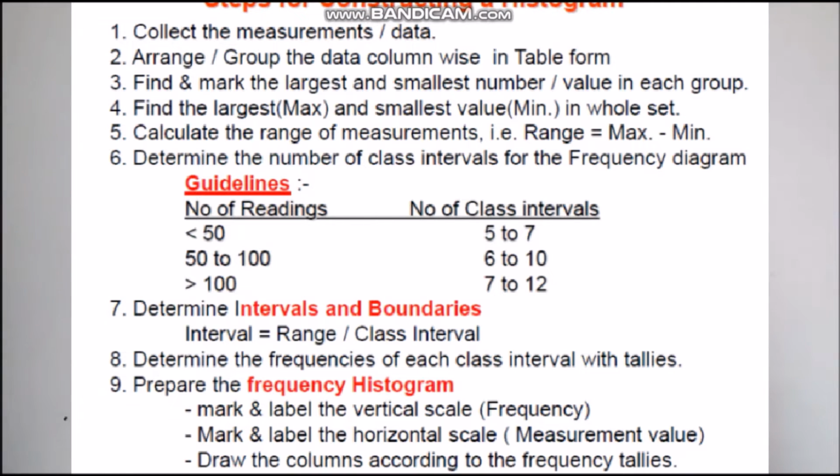Then, third, you need to find and mark the largest and the smallest value in each group of the data. Fourth, find the largest maximum and the smallest minimum value in the whole set of the data.